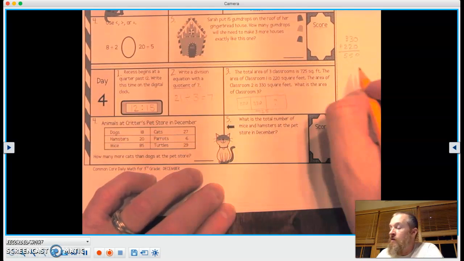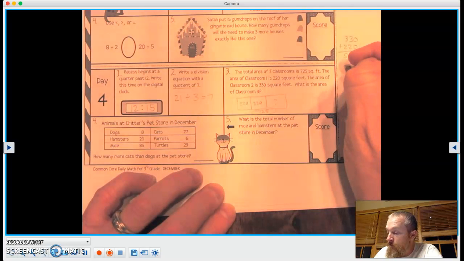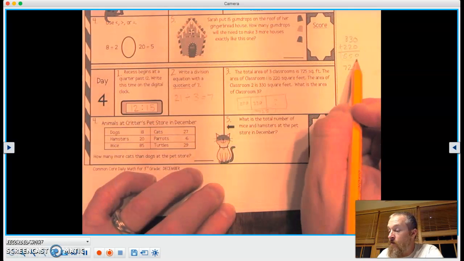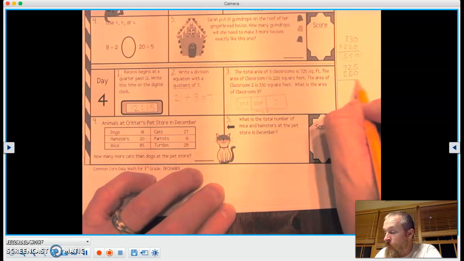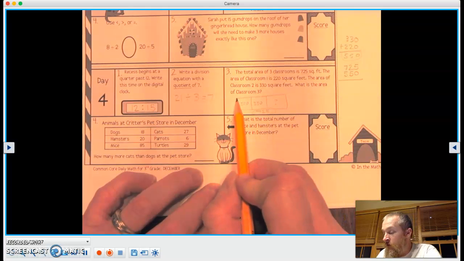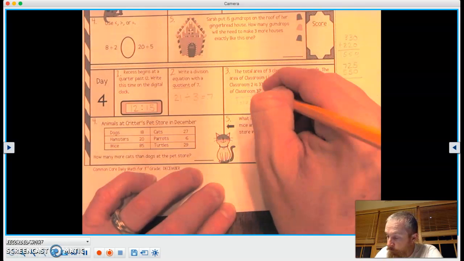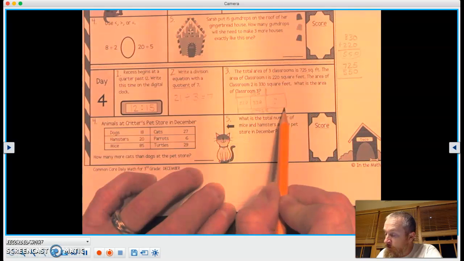Now we have to take the total, 725, and we have to take away that 550. Because our total from here to here now is 550. But this total down here is 725.